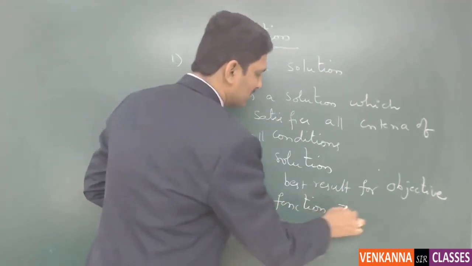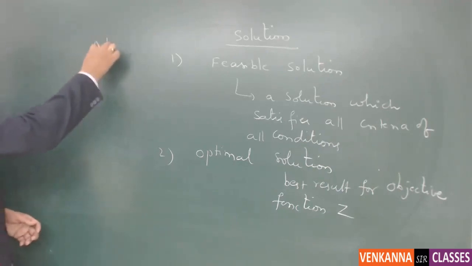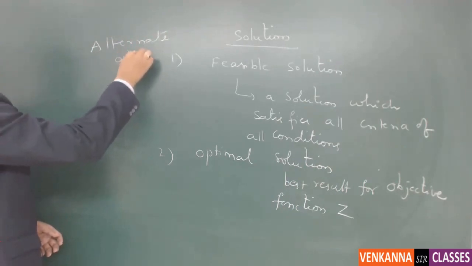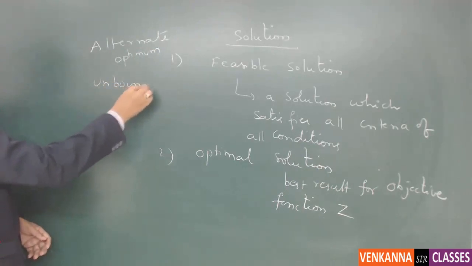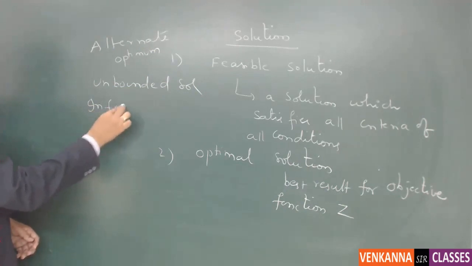Usually we denote it with the symbol z. Later on we will have the other cases like unbounded solution, alternate optimum solution, and infeasible solution.